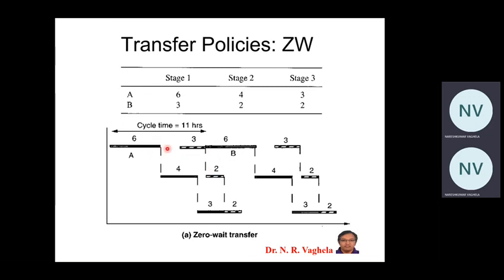So you can see that there is a 2 hours gap. So we draw the gain chart from the bottom, stage 3, then stage 2, and then stage 1. We can see that the total cycle time required is 6 hours plus this 2 hours gap plus 3 hours. So total 11 hours of cycle time is required for the 0-8 transfer policy.